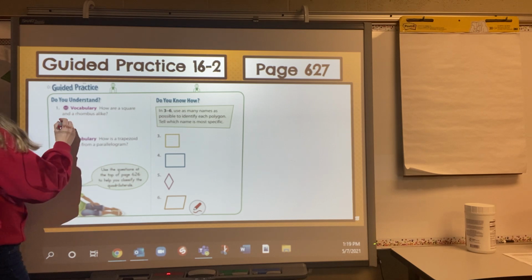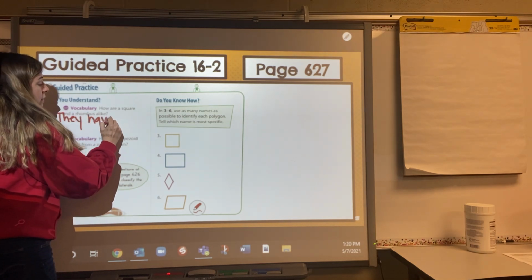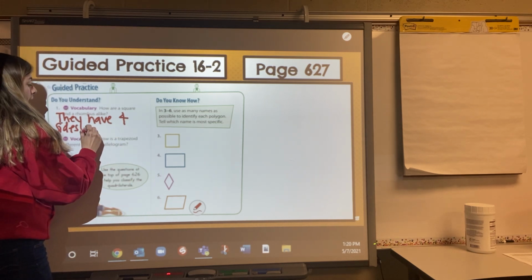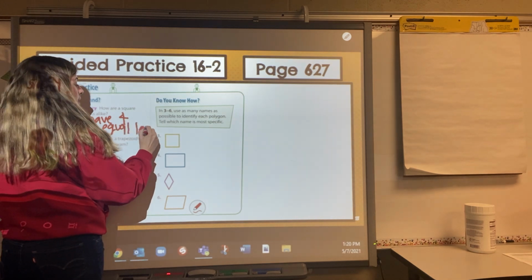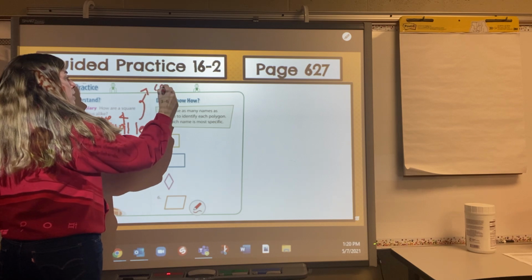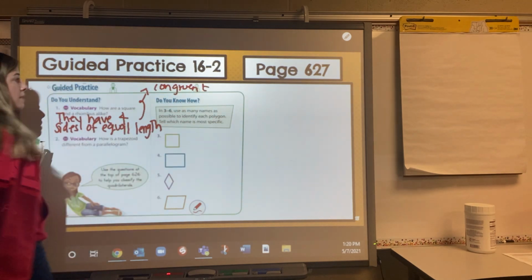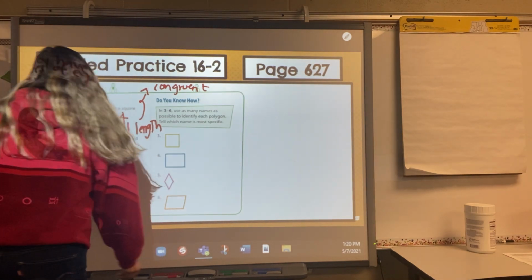So for this one, we could say they have 4 sides of equal length. This is also called congruent. When you say congruent sides, it means it's equal length. Sorry, my pen is a little bit off, but we're gonna try to push through.